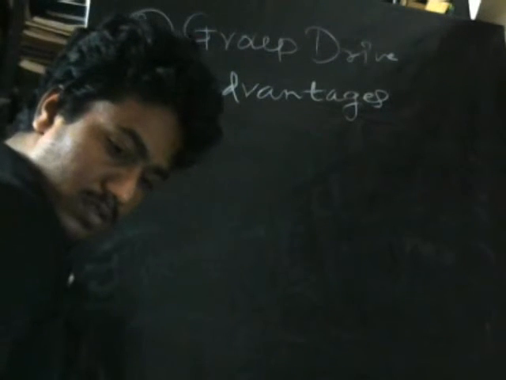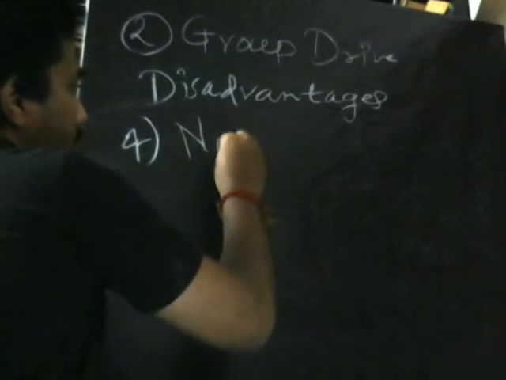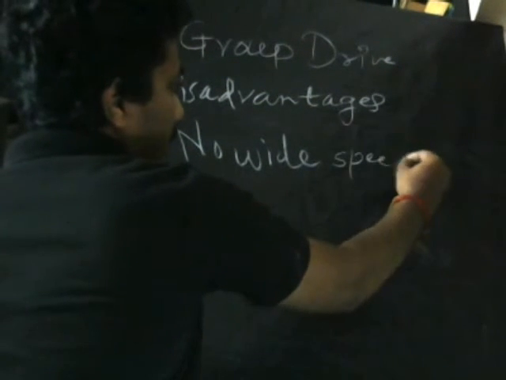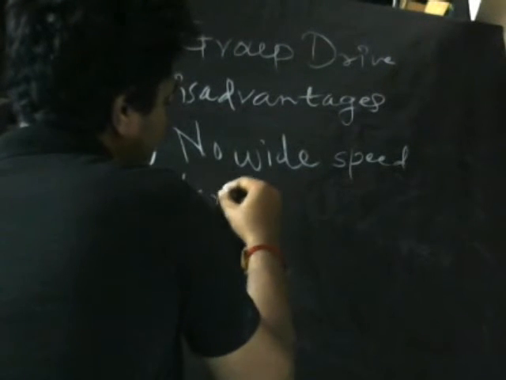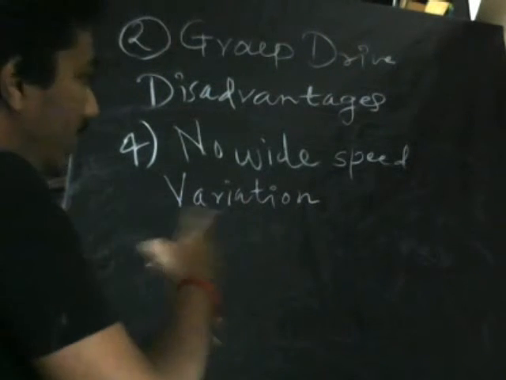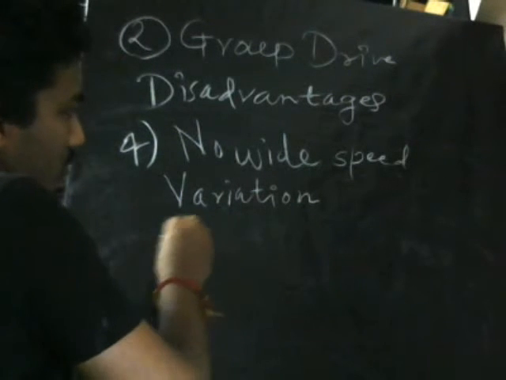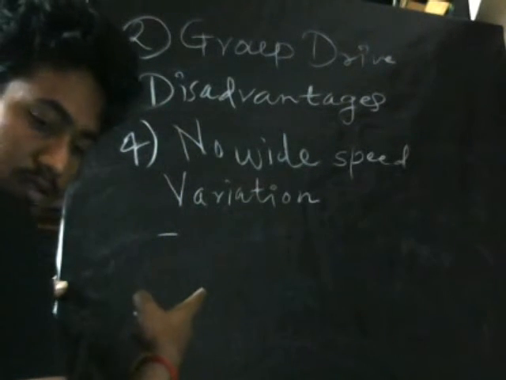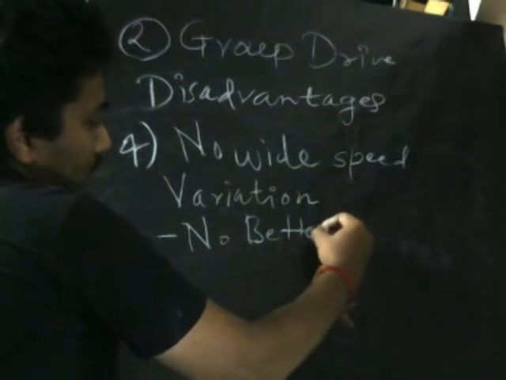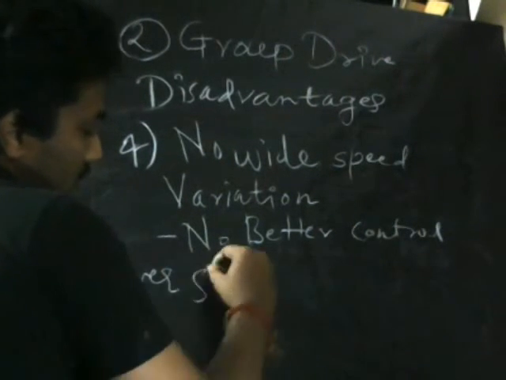Let's see the fourth one. The fourth point is we don't have wide speed variation. No wide speed variation, and due to that, no better control over speed range.